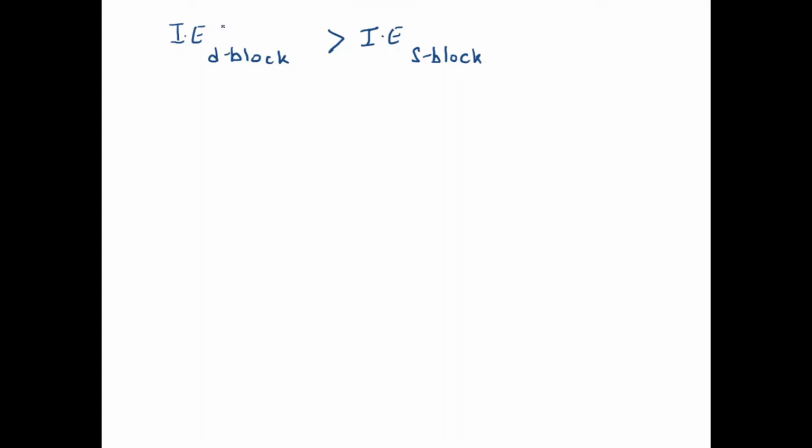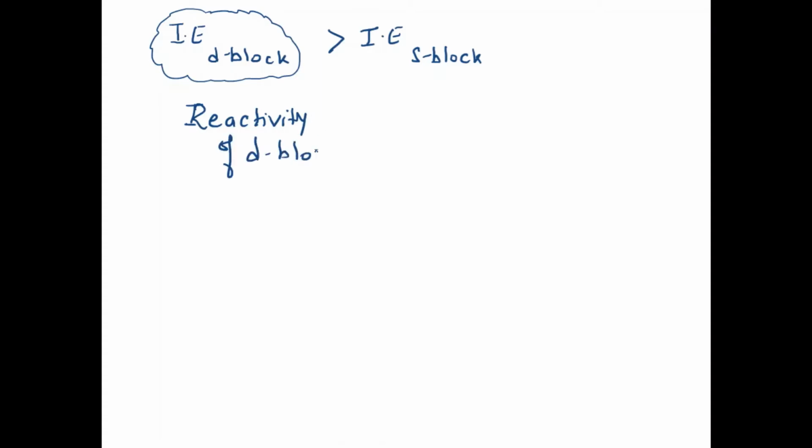That means if ionization energy is more, a large amount of energy is required to convert them into an ion, so the reactivity will be reduced. So the reactivity of d block elements is definitely less than the reactivity of s block elements. I hope this is clear.